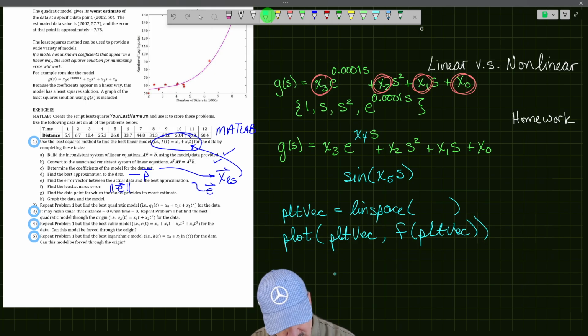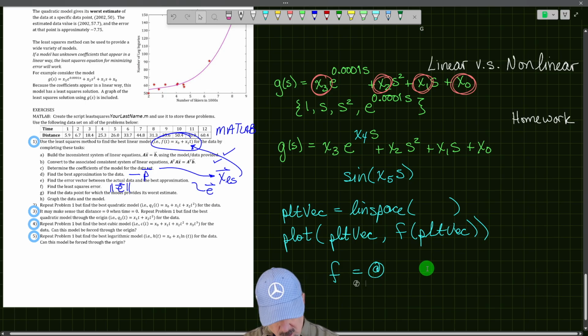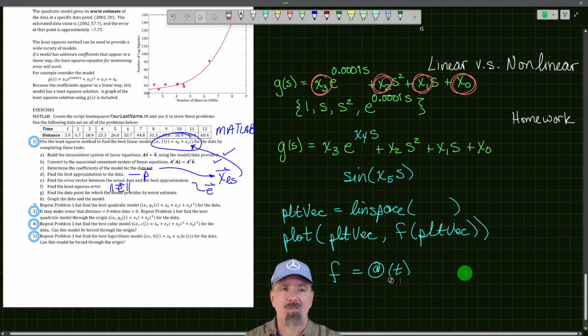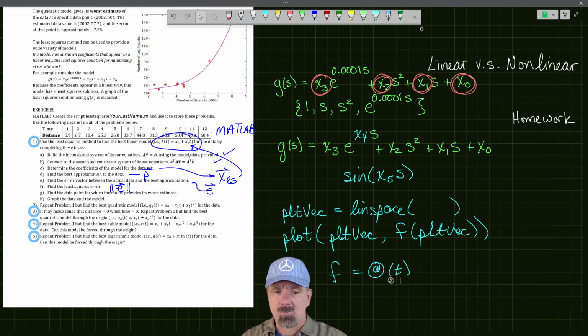And remember, we're going to define f in MATLAB using the at function. So this would just be a simple at t, and then we plug in whatever our coefficients in the model happen to be.